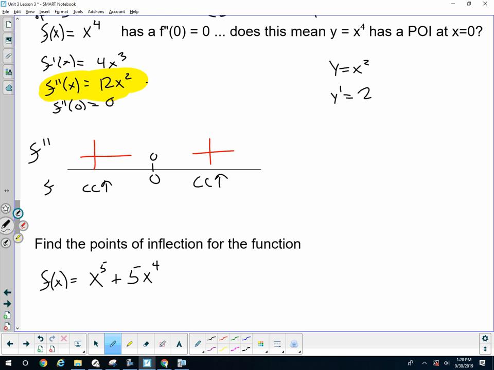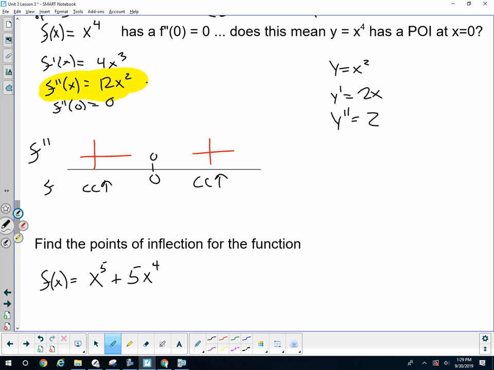Its first derivative, 2x. Its second derivative is 2. If x squared's second derivative is 2, what does that tell me about x squared? Its concavity is constant, and what kind of concavity do we have?